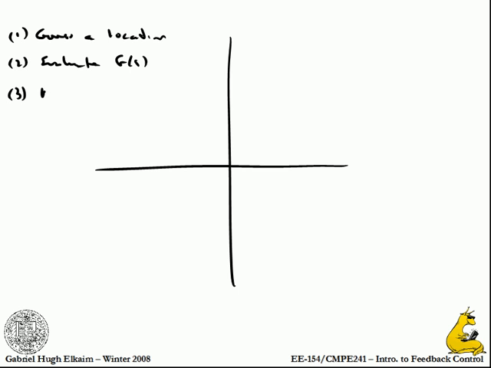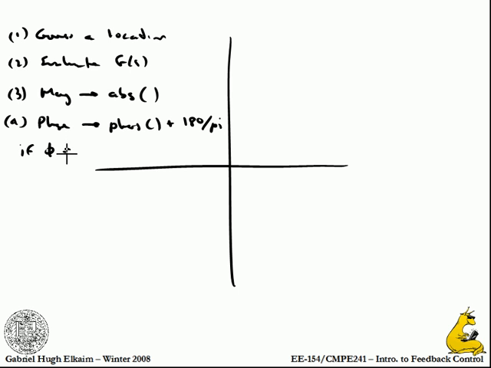The magnitude is the absolute value, and the phase is phase times 180 over pi to get me back into degrees. And if phi is equal to plus or minus 180, K is equal to 1 over the magnitude, and then guess a new location. I can do this brute force search, just run around trying to find places where I can search the whole S-plane.